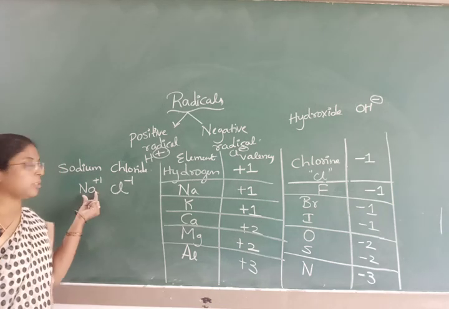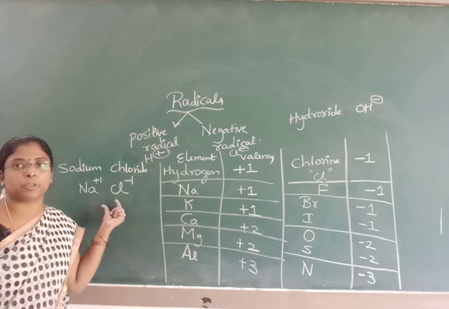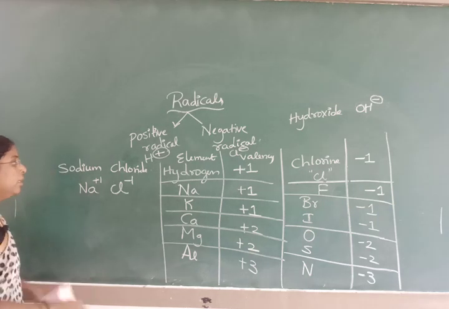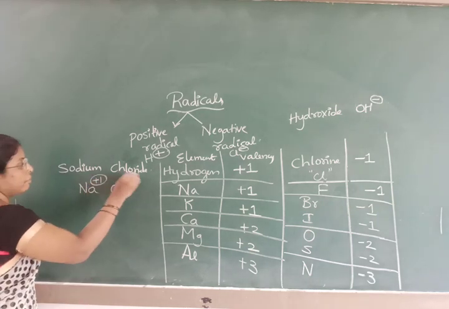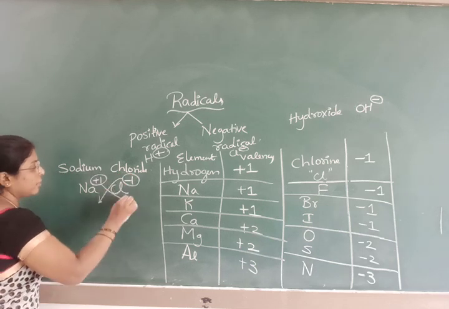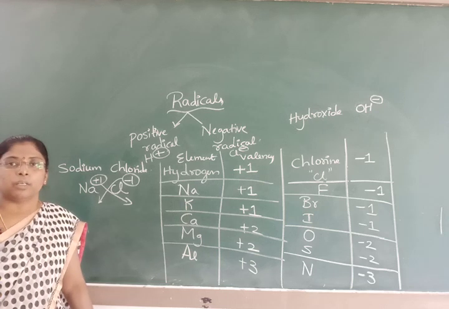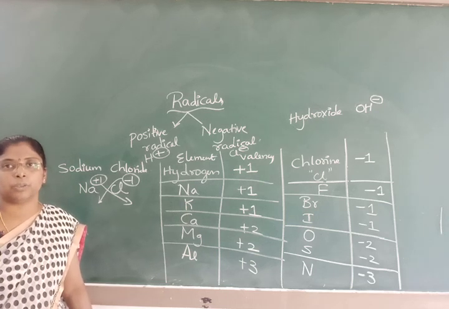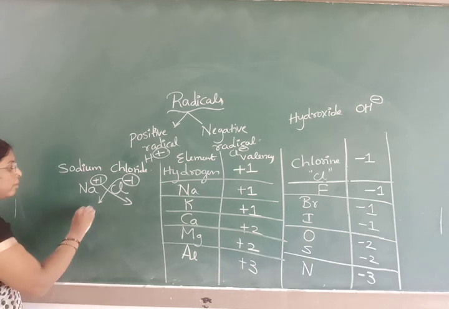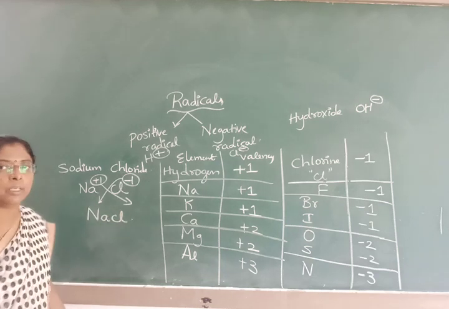First we write the positive radical, then the negative radical. We cannot write both positive or both negative. Na plus, Cl minus. Here we have to cross the valencies. Both are +1 and -1, so there is no need to show the charges. We don't consider the charges while writing the formula. The formula for sodium chloride becomes NaCl.